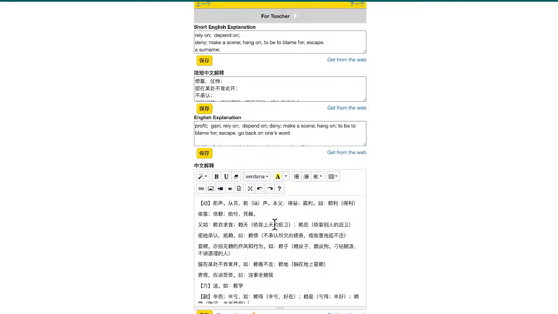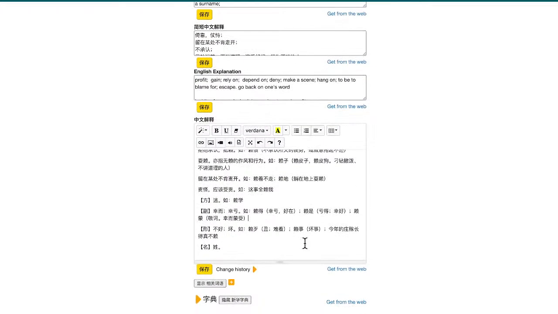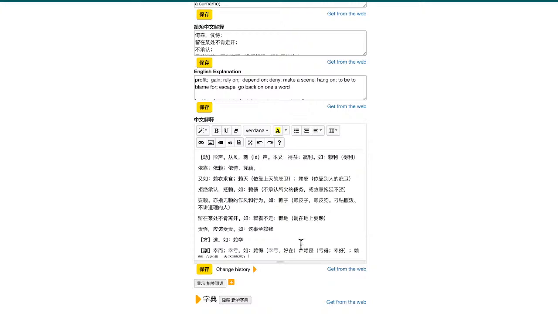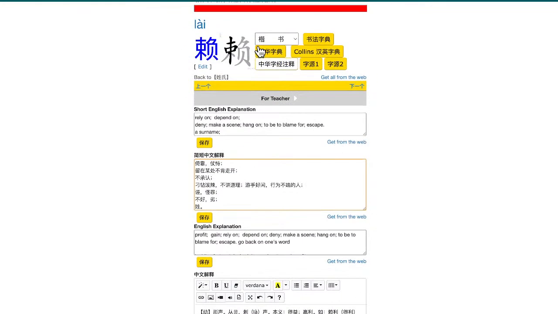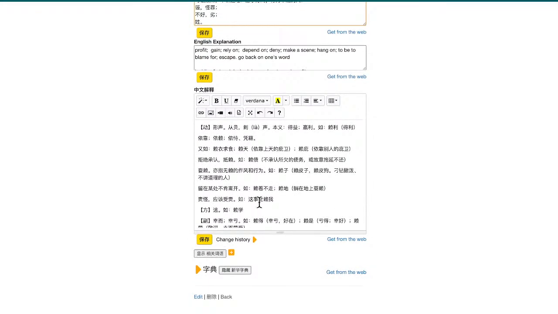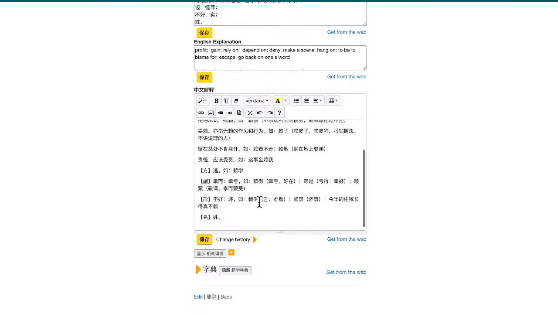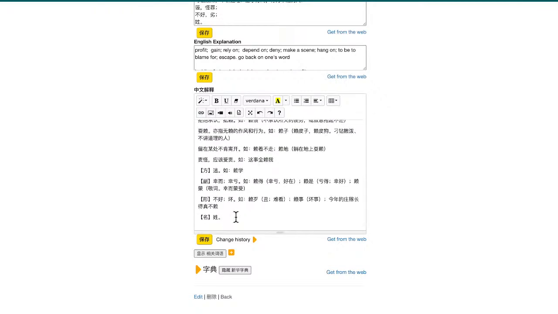Now sometimes it could also be used as a noun, that means the name, surname.